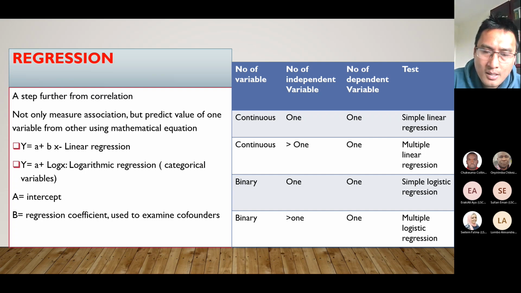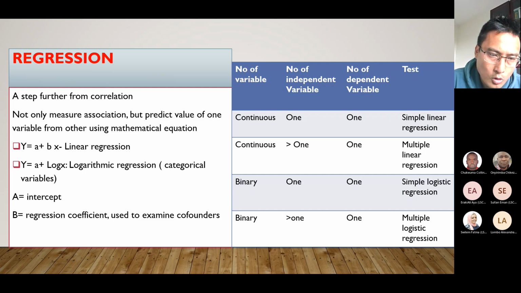Binary data means male and female. If it is 1 and 1, it becomes simple logistic regression. If it is more than 1, it becomes multiple logistic regression. The way to remember is if it is something to do with qualitative data, logistic regression is used, with one independent and one dependent variable. In an exam, sometimes this is the formula for linear regression.